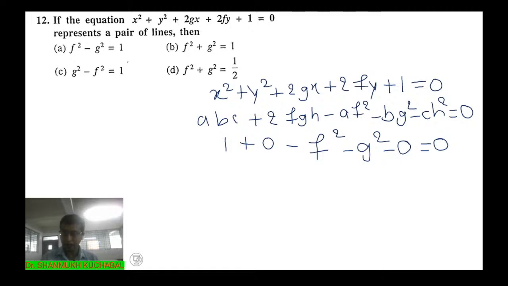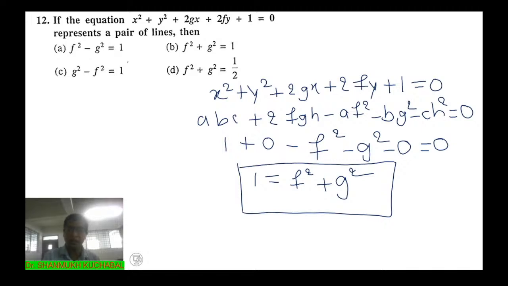Further, minus f square and minus g square we transport to the RHS, we get 1 equal to f square plus g square as a solution. Therefore, here the right option is option B, f square plus g square equal to 1. So B is the right answer.